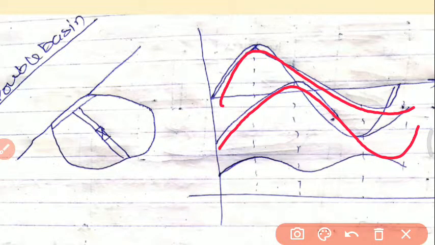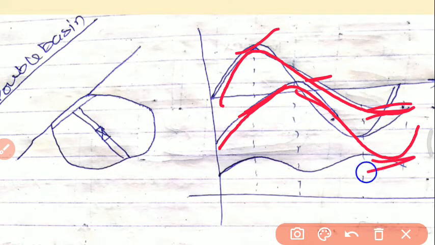There is always a difference in these two levels. This level difference is maintained continuously. Here the difference in levels is there, here also the difference in levels is there, here also there is a difference in level of both the chambers.